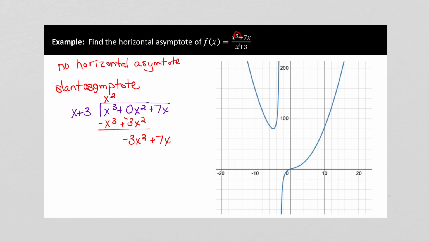And then x goes into negative 3x squared, negative 3x times. Negative 3x times 3 is negative 9x. Subtract. And x goes into 16x 16 times.